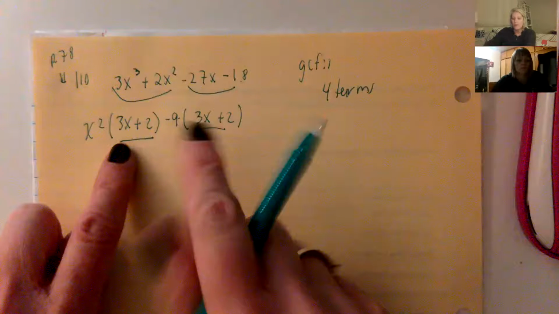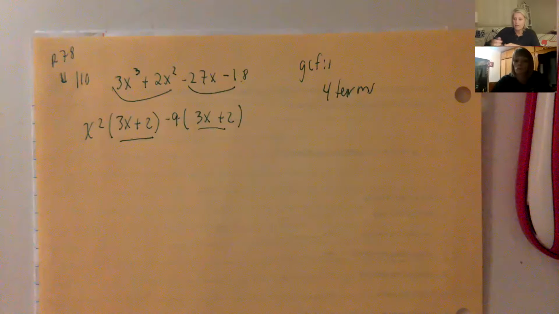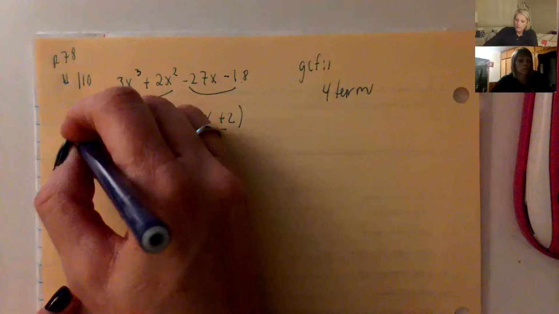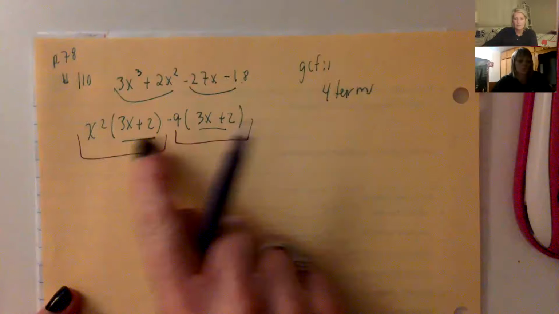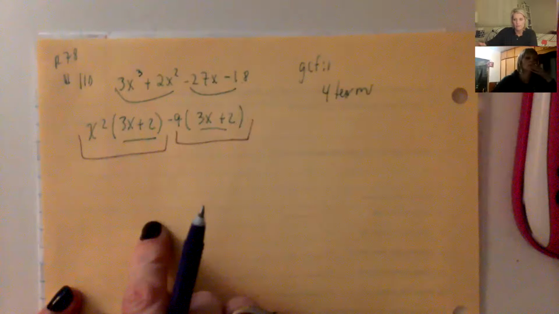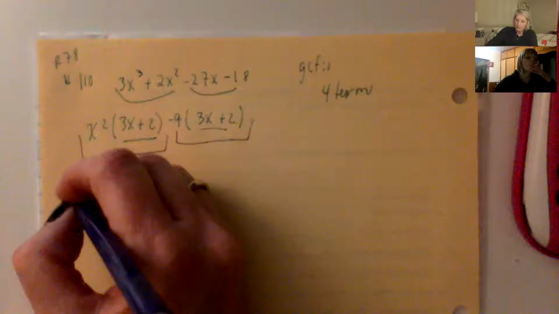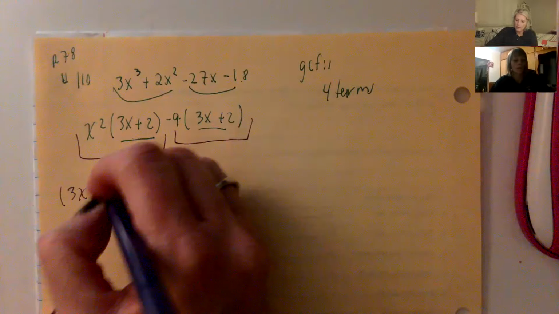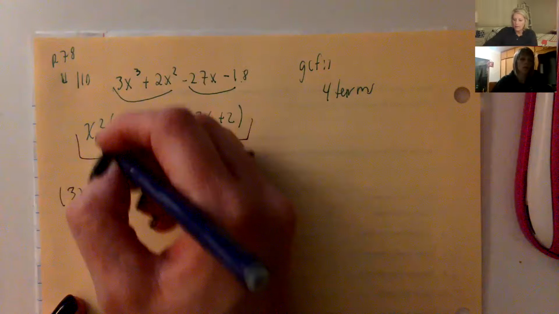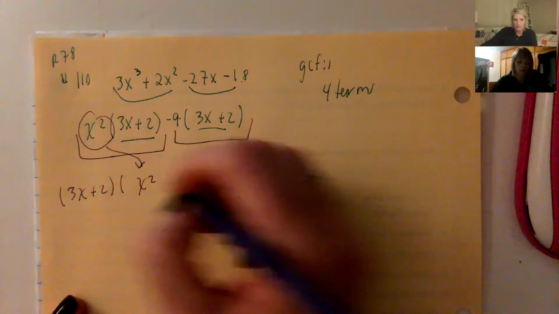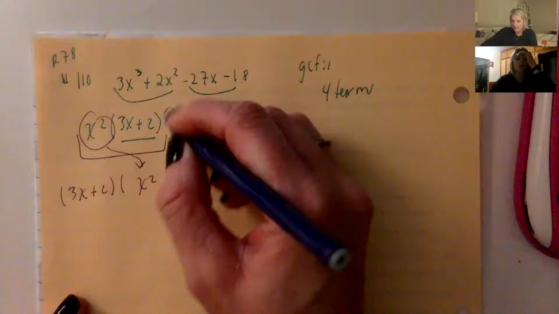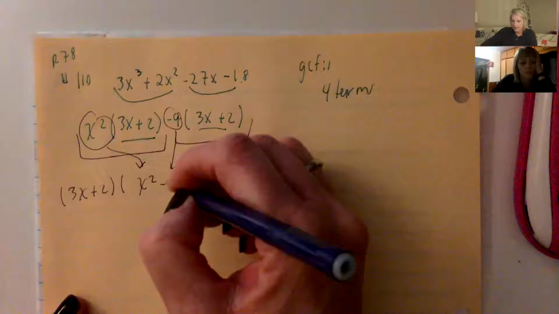So now they actually have 3x plus 2 in common, right? That's what the grouping does for us. And then what we have left over is this x squared and this minus 9.